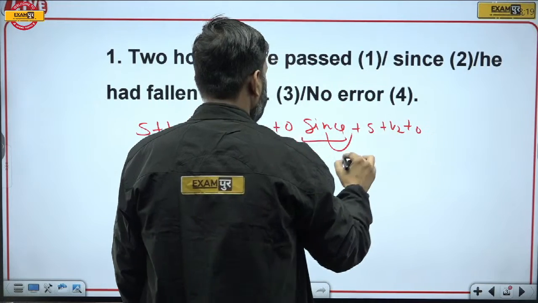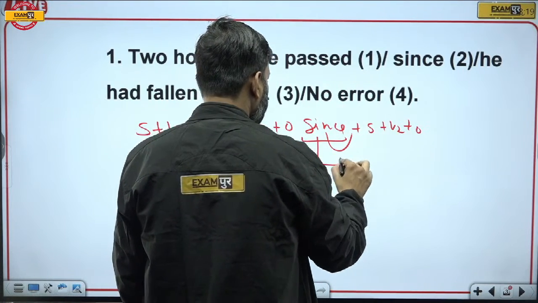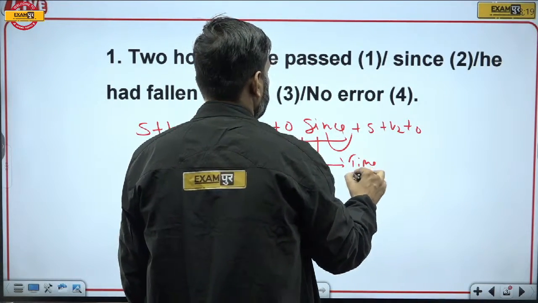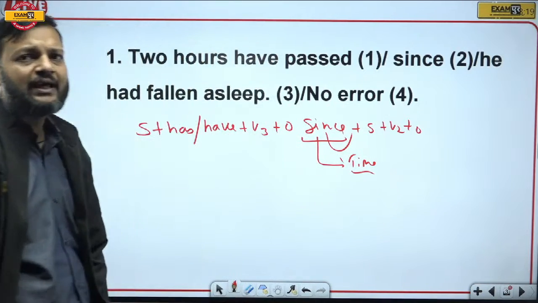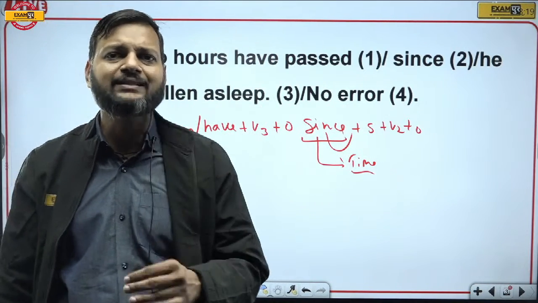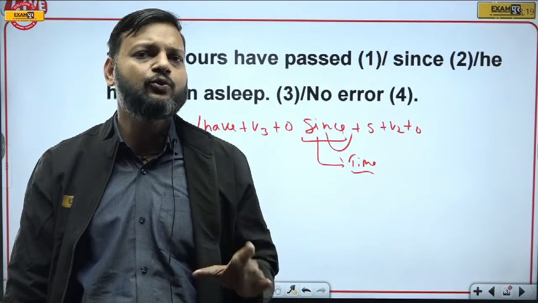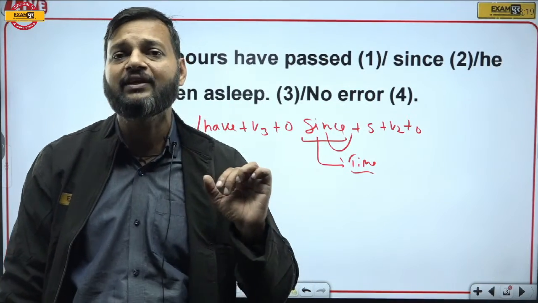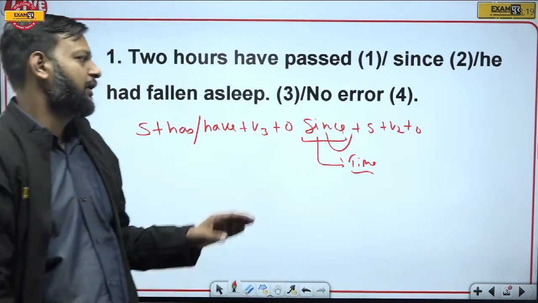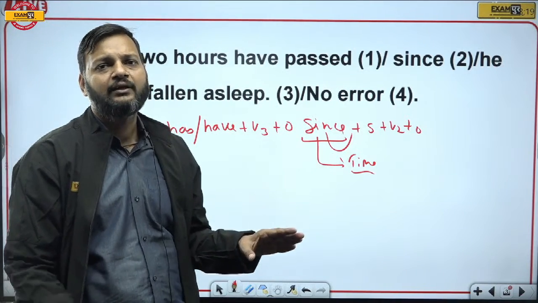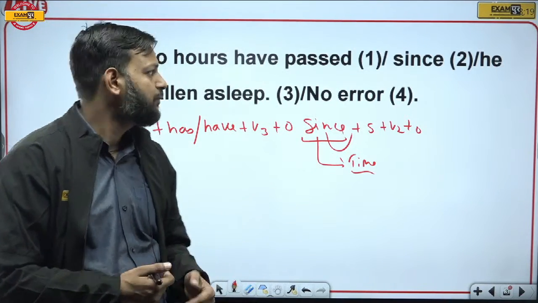Because since is followed by time, and to represent time we can use just the past indefinite clause. No other clause can be used in place of past indefinite to denote the time.